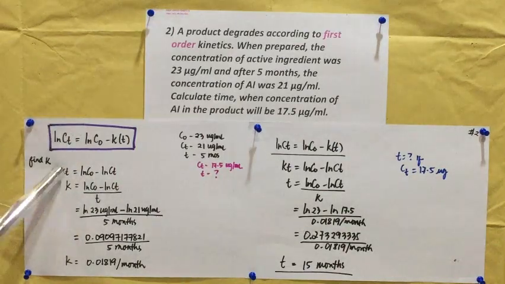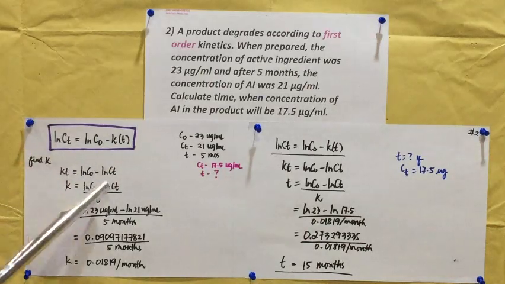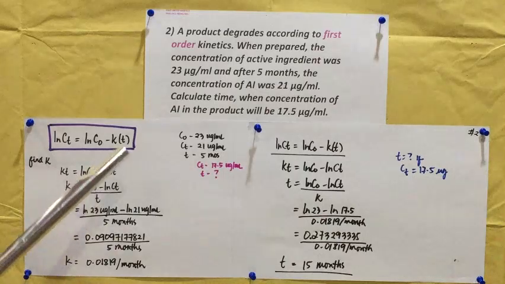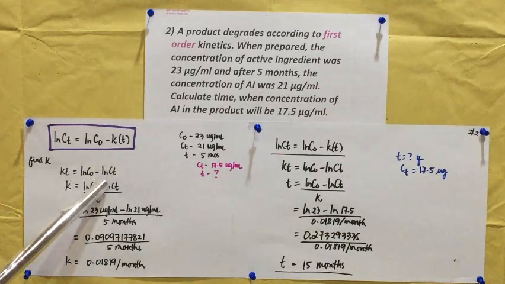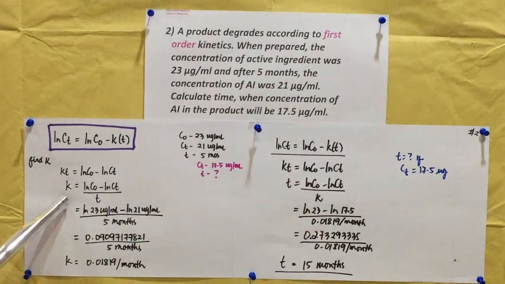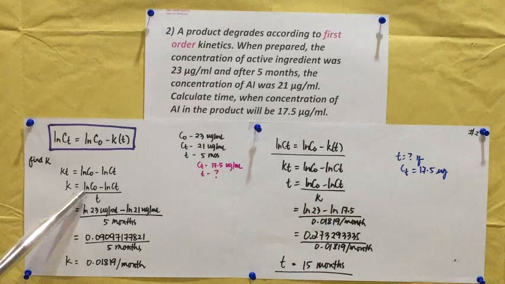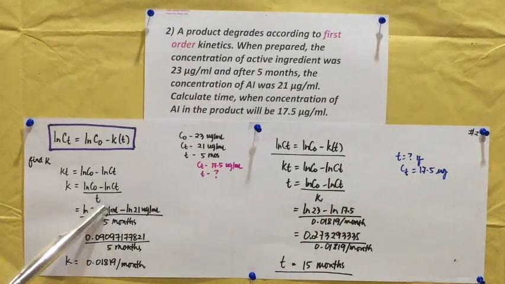And then ln CT, we will transfer it to the other side. Since it is positive, it becomes negative. So therefore, KT is equivalent to ln C0 minus ln CT. To look for K, the formula now becomes ln C0 minus ln CT divided by T.